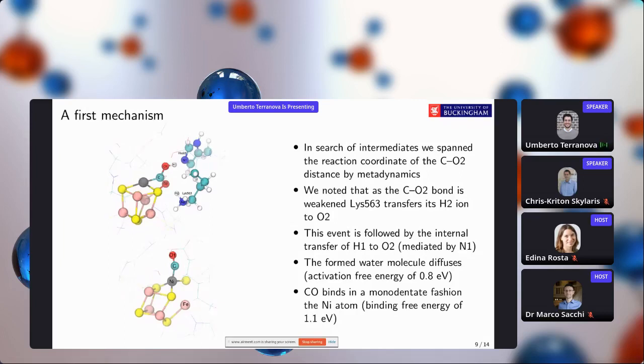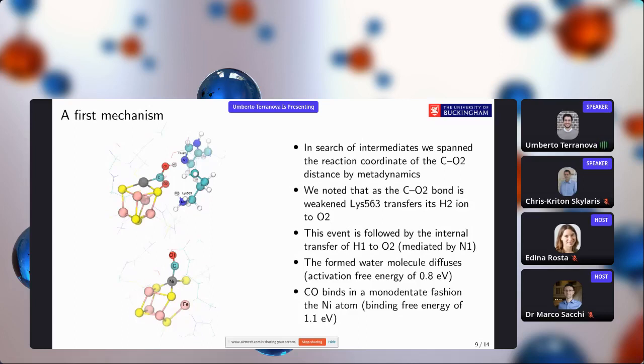And we noted that when you bias the dynamics by adding hills, the CO2 bond is weakened, and a transfer of a proton from the lysine to the O2 atom occurs, and the event is followed by an internal transfer of proton mediated by N1.